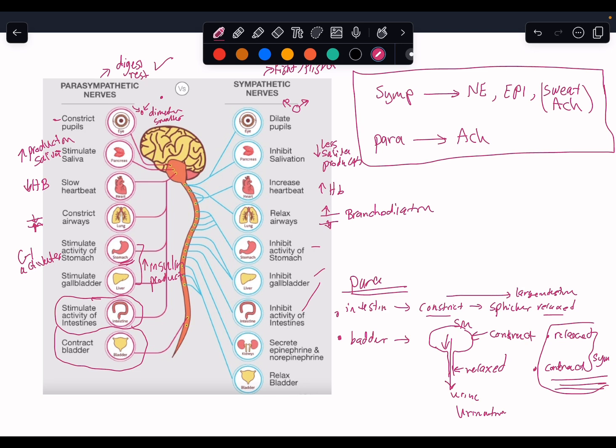So do you want to activate your skeletal muscles so you can run faster, or do you want to focus on your GI, like digesting food? Of course not. You're going to use your energy to run as fast as you can, so the GI will be inhibited.